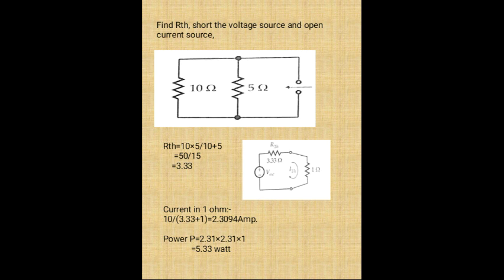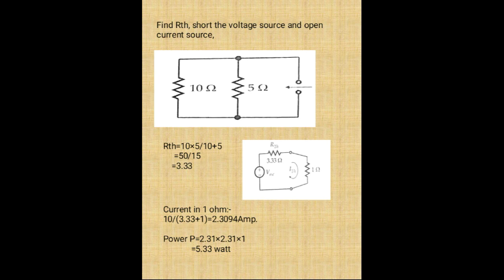Now we draw the Thevenin equivalent circuit. Now the Thevenin equivalent circuit consists of RTH of 3.33 ohm and VTH. Step 4. We attach the load resistance of 1 ohm in the given circuit, which is shown in figure.